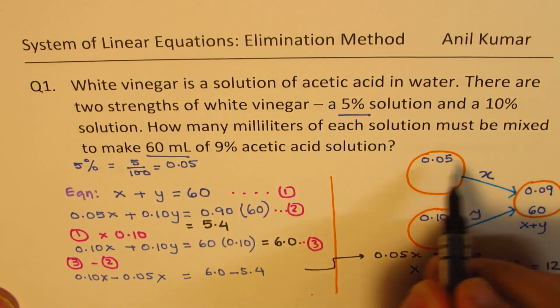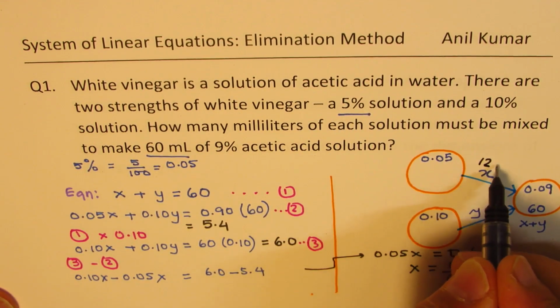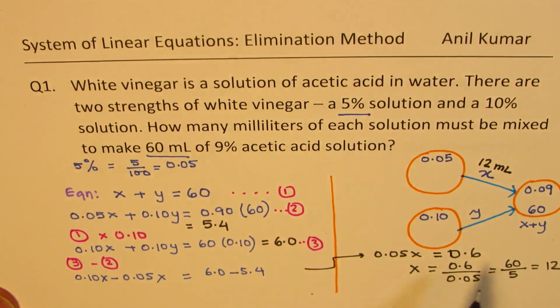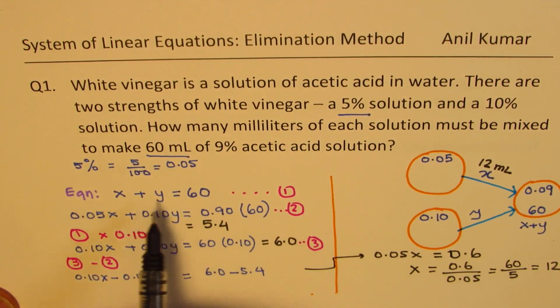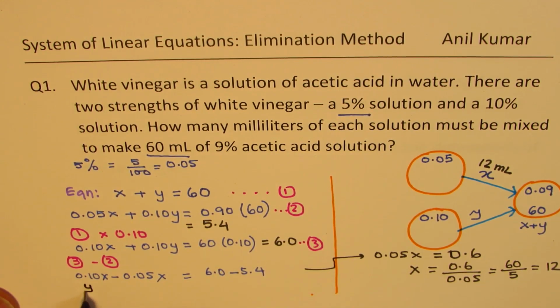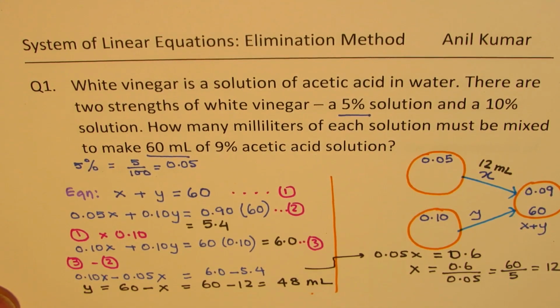So we know this 5% acetic acid is 12 milliliters, right? Now how much is y? So we can use this value of 12 in our equation number 1 and then figure out that y should be equal to 60 minus x, which is 60 minus 12, or equals 48 milliliters. Clear?